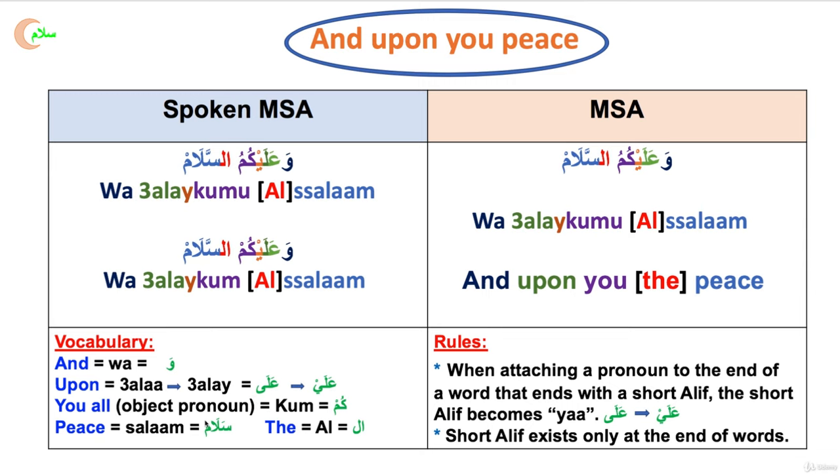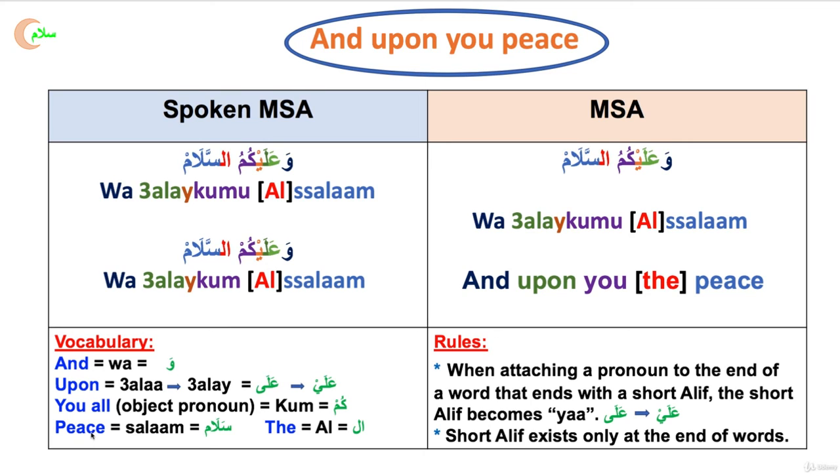Now, when you have a word that ends with a long alif, when we're writing it in English, we're going to write double A. If it ends with a short alif, we will write double A or any other way or convention of writing a long sound. Now, since it's not only one way, I am not sure if, when I have a word that ends with that sound, I can change it to ya. If you already know that it's a short alif, then you have to change it.